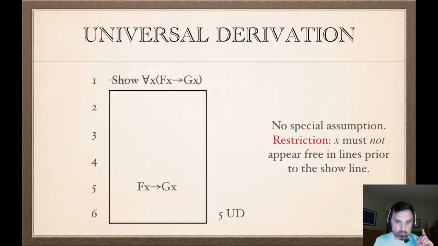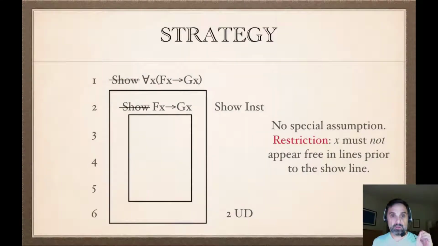Now, there's an associated show strategy with universal derivation. If your initial line is show for all x if Fx then Gx, then you could immediately do another show line, show the instance, so you'd say show if Fx then Gx. Once you complete that subderivation, however you complete it, you'd say universal derivation. Why would you do this?